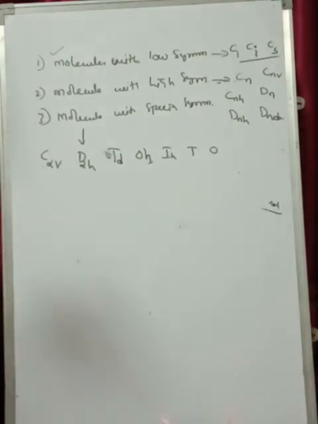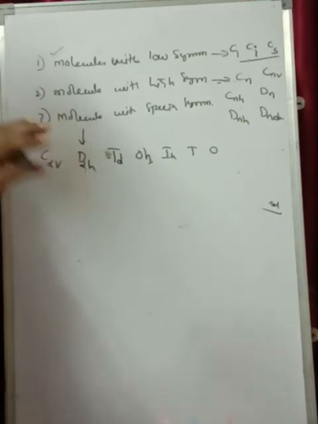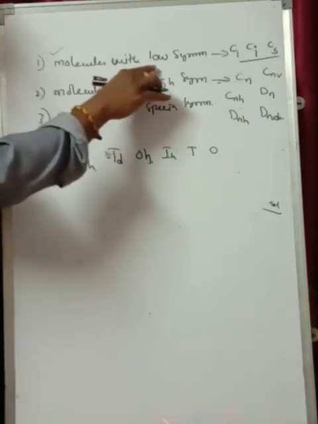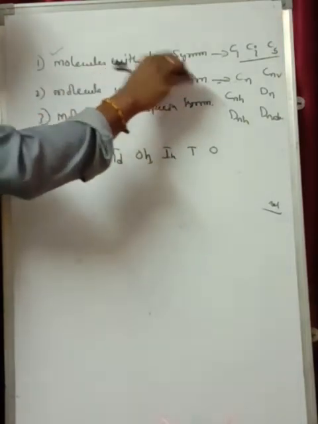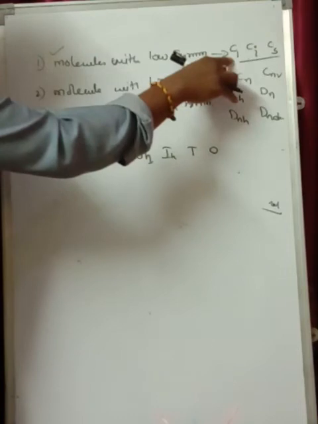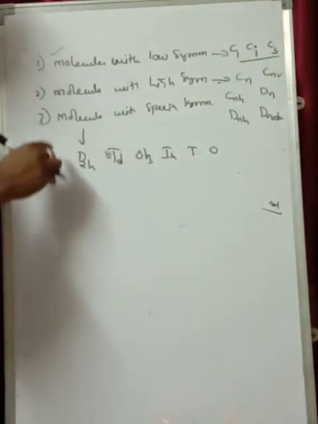So to understand point groups very simply, molecules are categorized into three different types based on the number of symmetry elements present in them. Molecules with less symmetry are categorized as low symmetry, with the C1, Ci and Cs point groups.